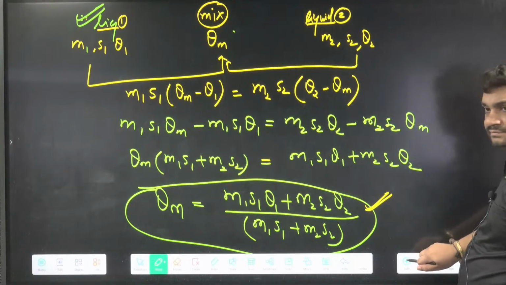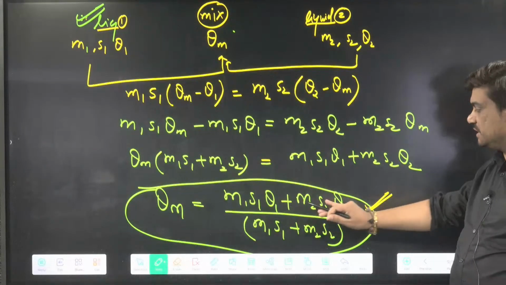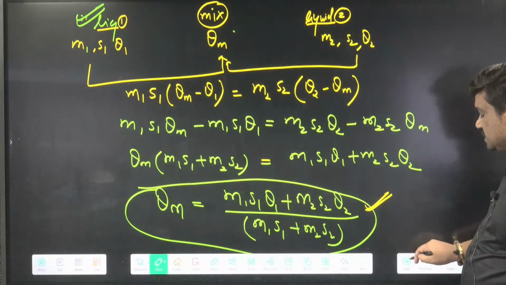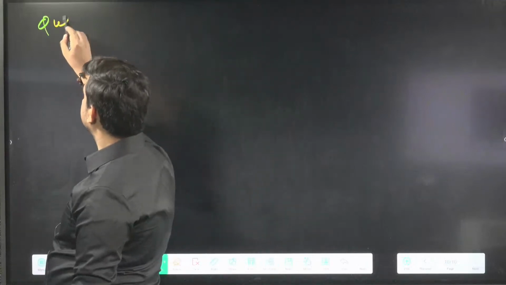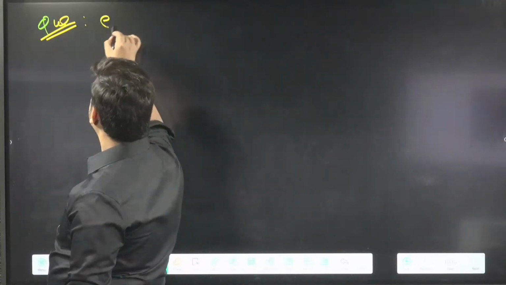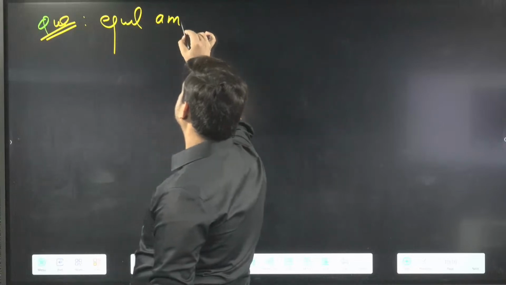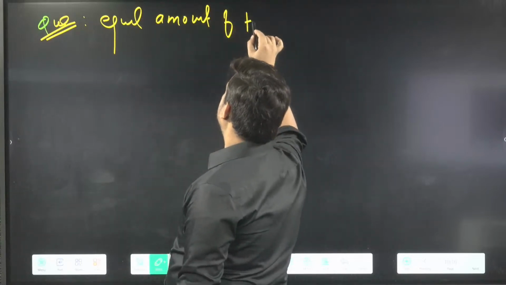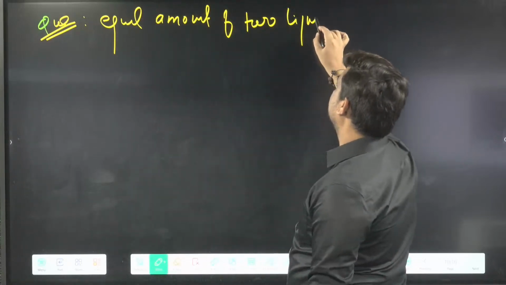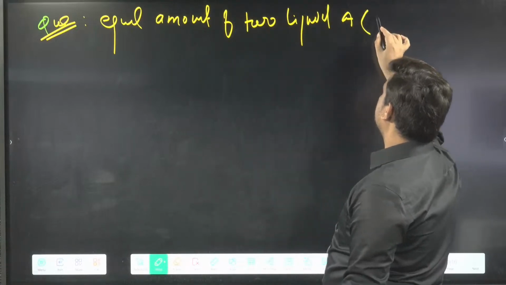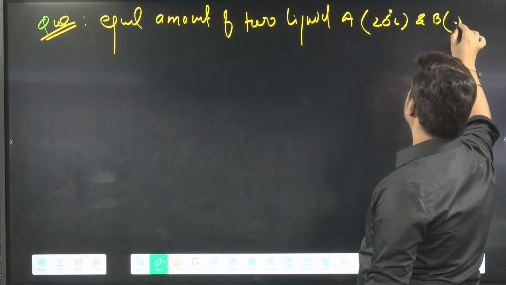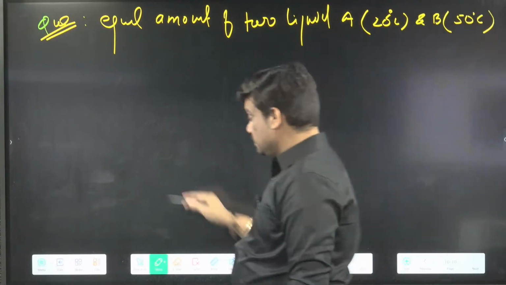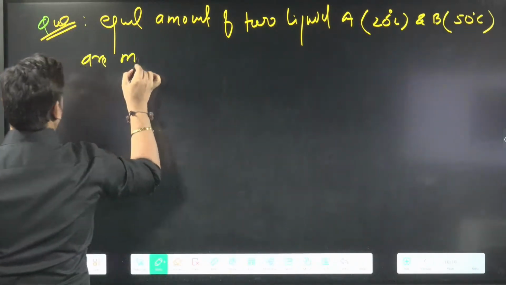Okay, next question. You remember this formula, (m1 s1 theta 1 plus m2 s2 theta 2) by (m1 s1 plus m2 s2). They are saying equal amounts of two liquids, A at 20 degrees Celsius and B at 50 degrees Celsius, are mixed.